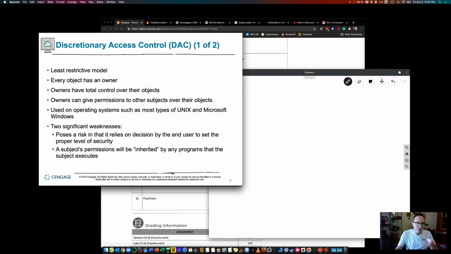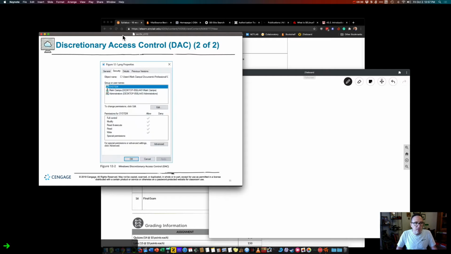I think I already talked through the slide in my example. Owners can give permissions to the user, subject, and object. That's probably the main thing. They can basically bypass what would normally be considered confidential data and give it to a person who shouldn't be able to see it. Again, with our ACL here, they can modify this.